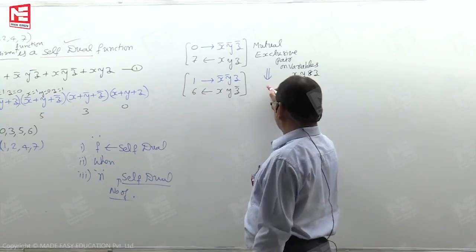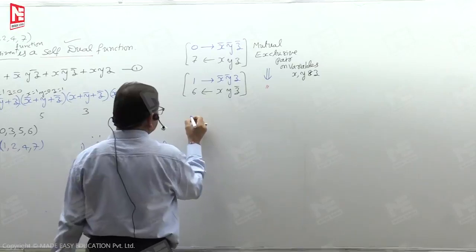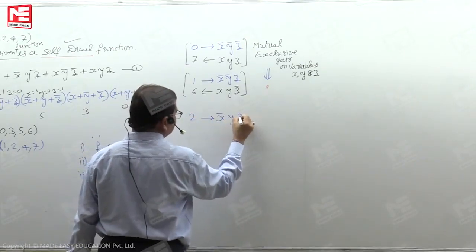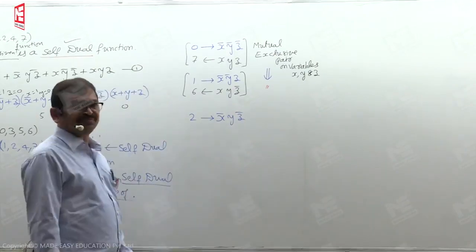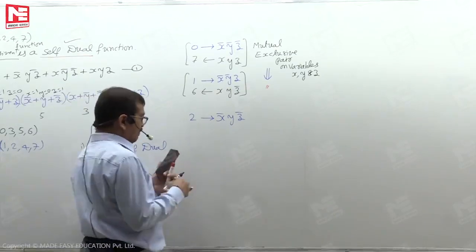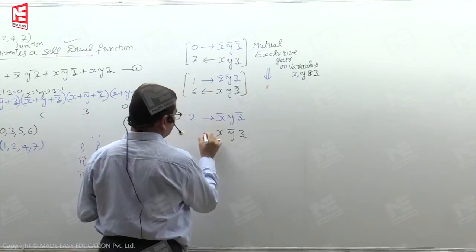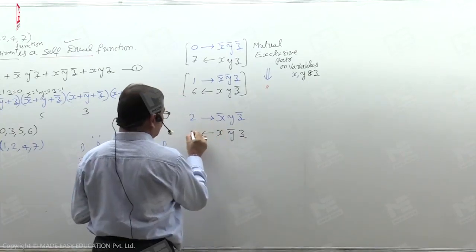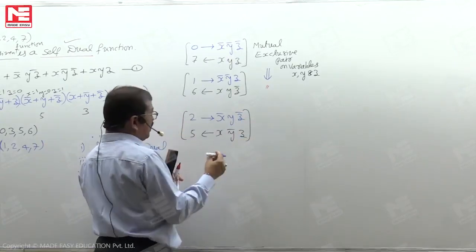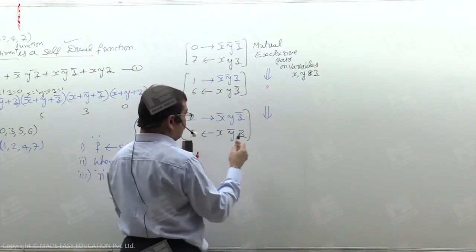Similarly, if you write the product form for 2, it must be x complement, y, z complement. While taking the complement on each literal, the product is x, y complement, z. The equivalent decimal value is 5. Hence, 2 and 5 are also a mutual exclusive pair on the variables x, y, z.